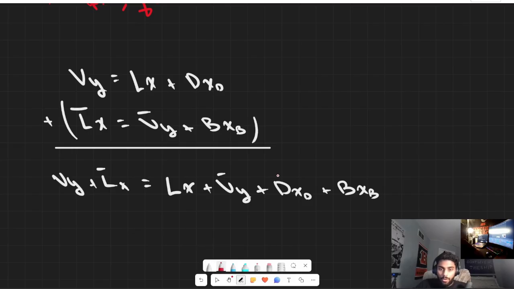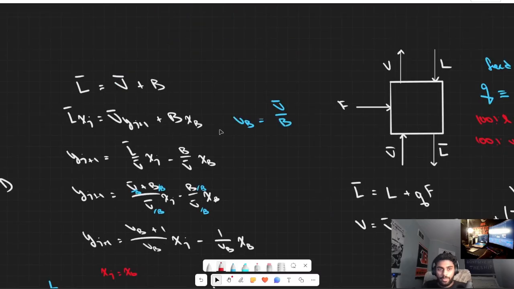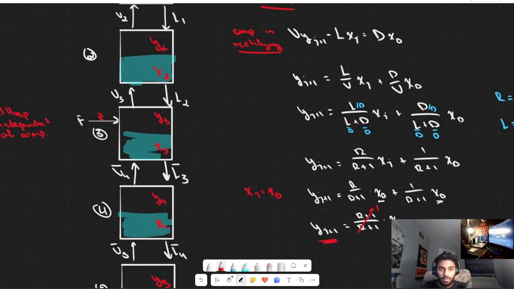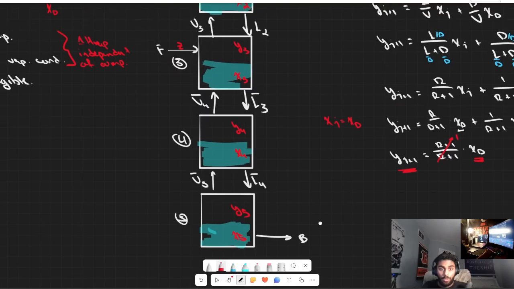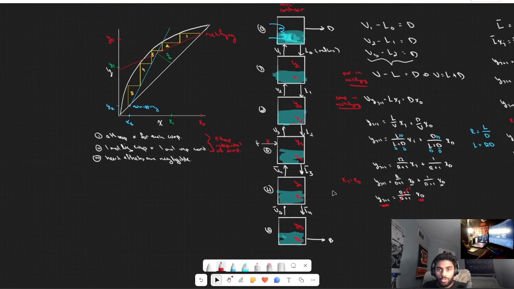Now, pointing our attention to just this, we realize that with dxd and bxb, we have our distillate coming out and our bottoms coming out. So if we were to do an overall mass balance for this entire column, we see that what enters is our feed, and what exits is our bottoms and our distillate.